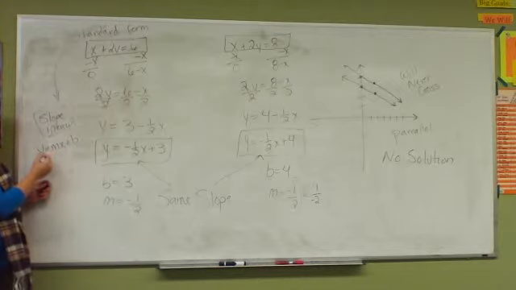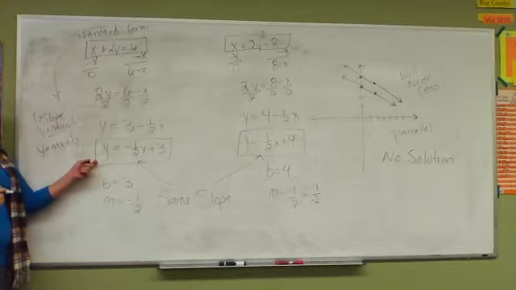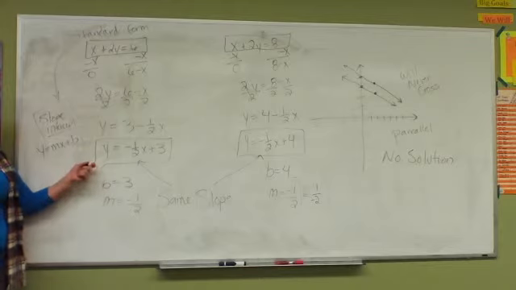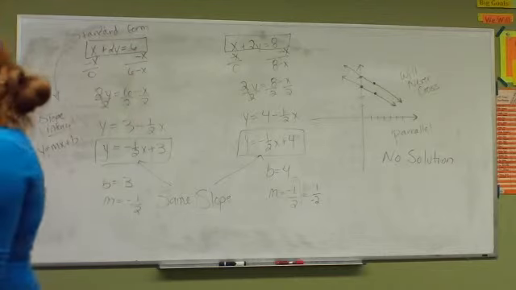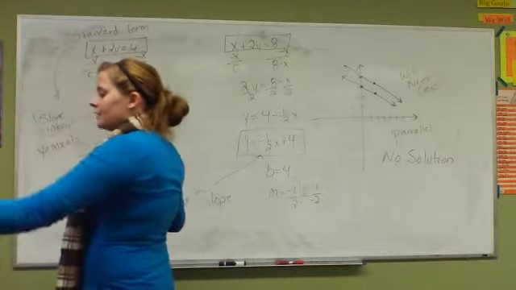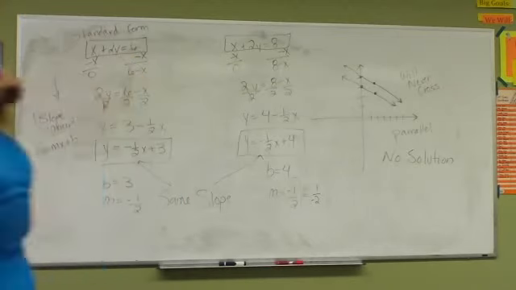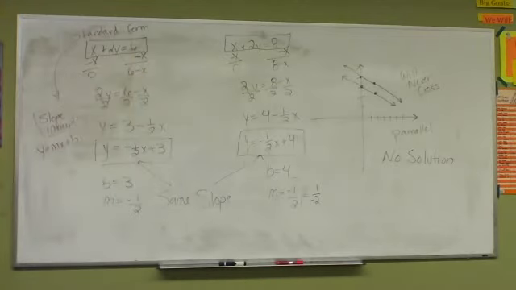So I want it to look like this. See, these are my starter equations. That was the first one I did. It should have been negative 2, 4.